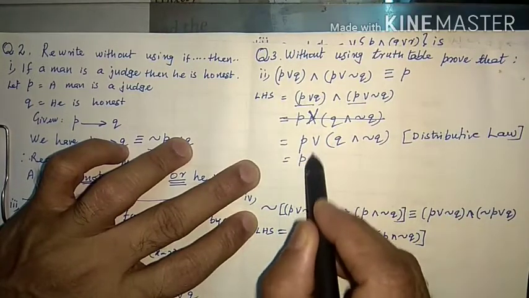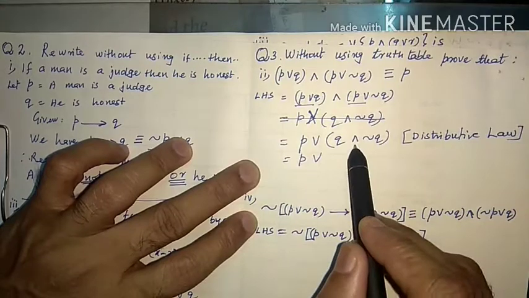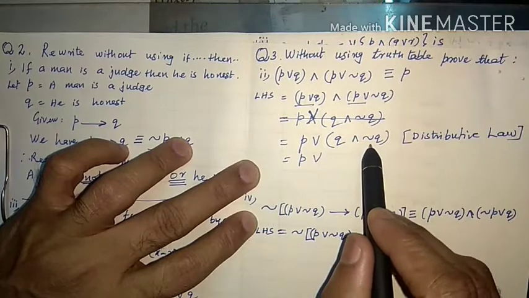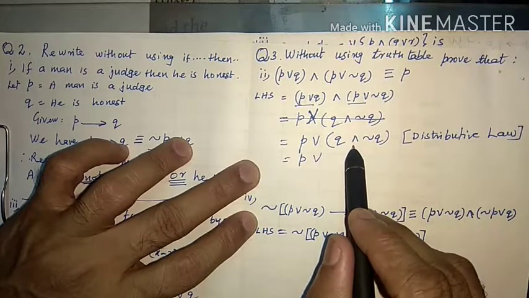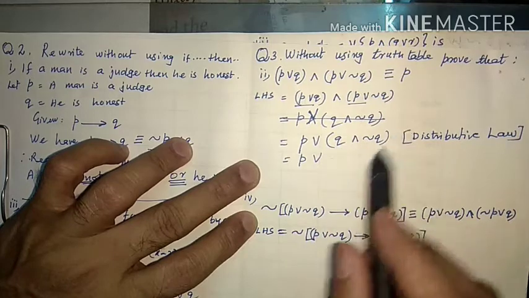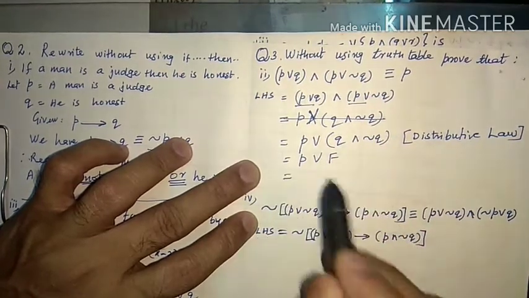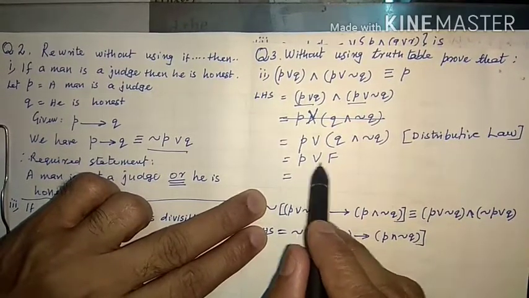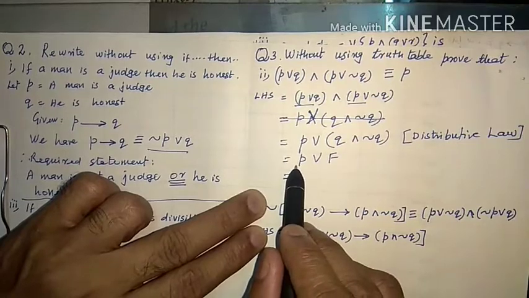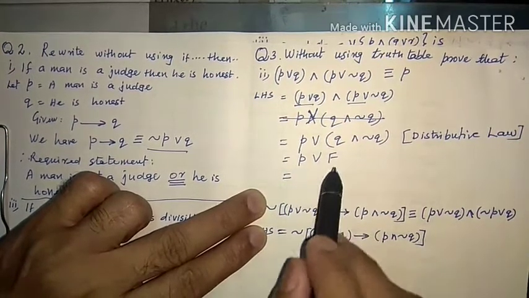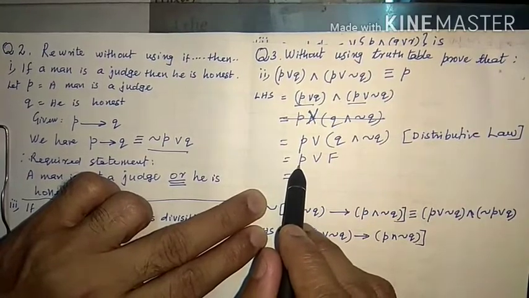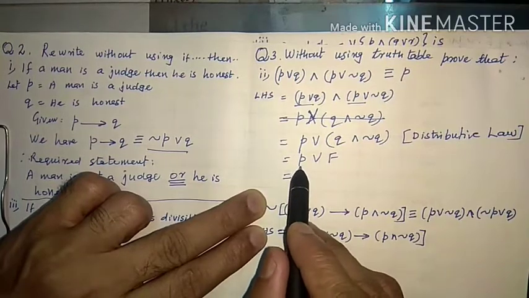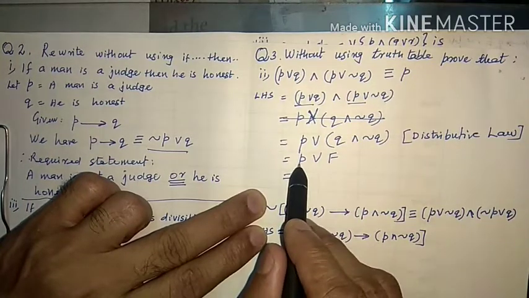Now P disjunction, what is Q conjunction negation Q? Suppose Q is T, truth value T, then negation Q is false and it is conjunction. So what does it become? It is false. Now P disjunction false. Already this part is F, but here what we have? P. So the final outcome is based on P. If P is F, F disjunction F is F. If it is T, T disjunction F is T, based on this value.